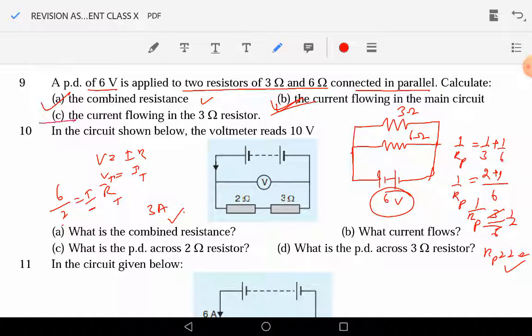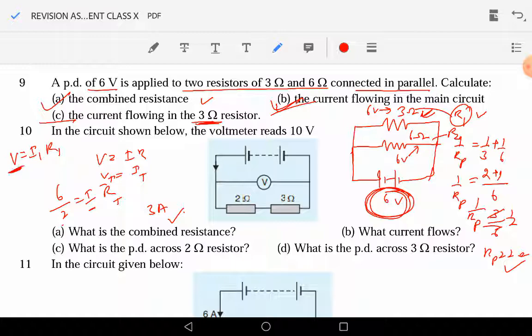Now the current flowing through 3 ohm. We have to see that this is a parallel combination, and in a parallel combination the potential will be the same, that is, it will be 6 volt across 3 ohm and 6 volt across 6 ohm, but the current will be different. So how are we going to find the current across 3 ohm? If 3 ohm was R1 and 6 ohm was R2, we write V is equal to I1 R1.